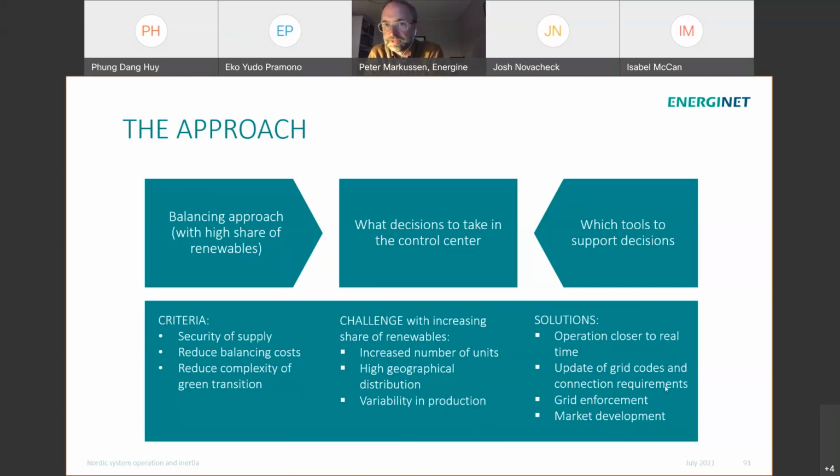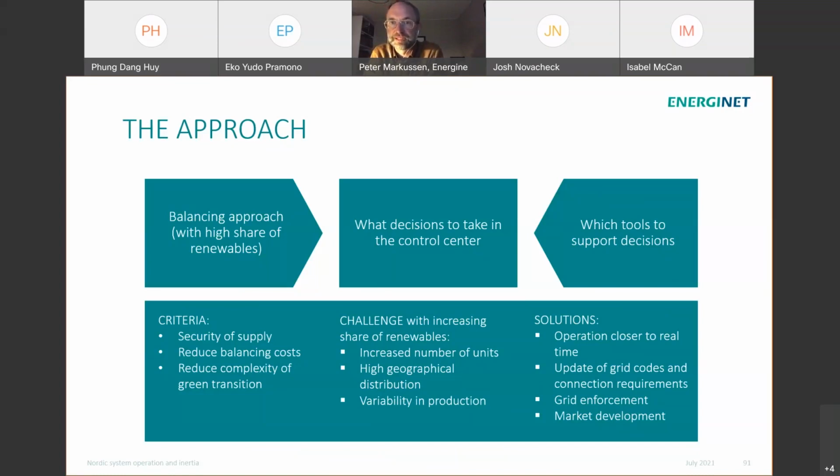Then we have some criteria, of course, security of supply, where in the Nordics we have different ways of looking at security of supply. For example, in Denmark we have a target saying that we want to have a maximum of 5 minutes on average without electricity on the transmission grid for the consumer.